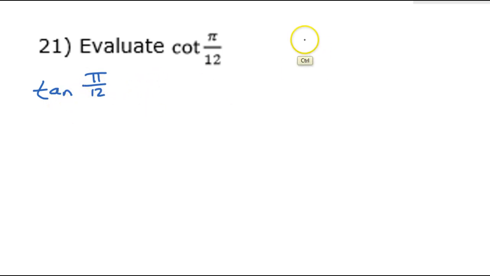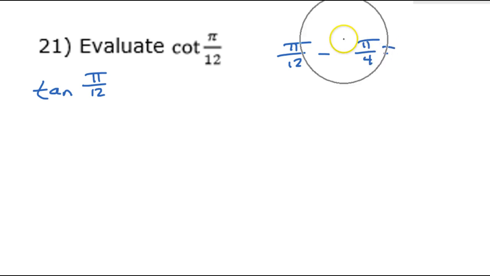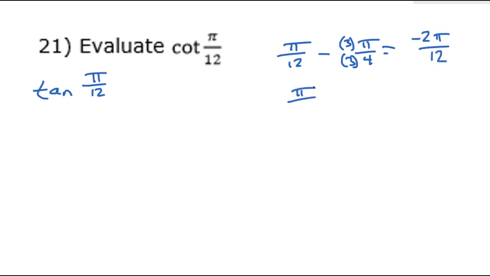So for the tangent of pi over 12, I need to figure out a way to break that up into special angles. So I'm going to do that little trick that I always do. I'm going to take my pi over 12 and I'm going to subtract pi over 4. Okay, I'd have to multiply by 3. So that's going to give me negative 2 pi over 12, which means that pi over 12 minus pi over 4 will equal negative pi over 6.